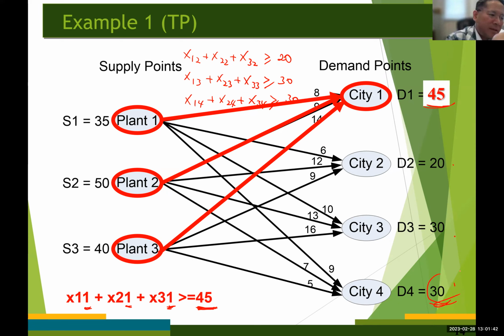Again, these are called demand constraints, because they ensure that each city receives its peak demand amount.